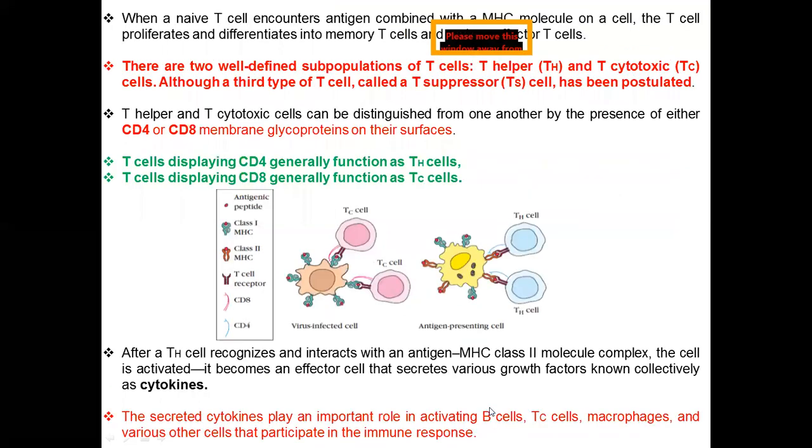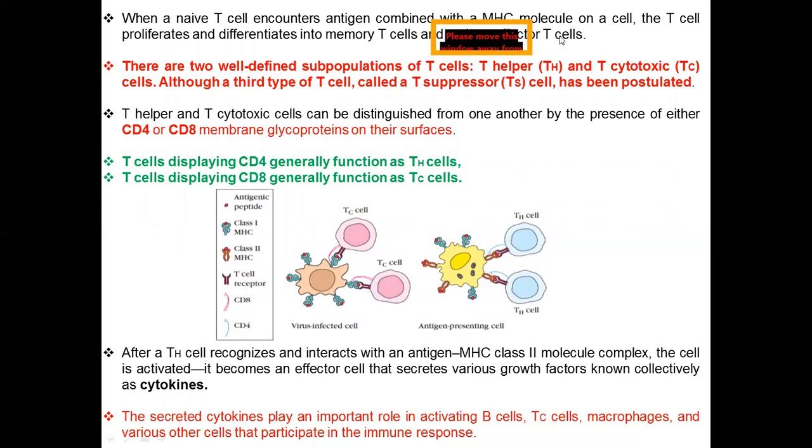Remember this? Fine. Those T cells which have never interacted with an antigen loaded with a class 1 or class 2 MHC molecule are called naive cells. When such a naive cell encounters the antigen complexed with a class 1 or class 2 MHC molecule, the T cell gets activated, proliferates and differentiates into two types of cells: memory T cell and effector T cell.